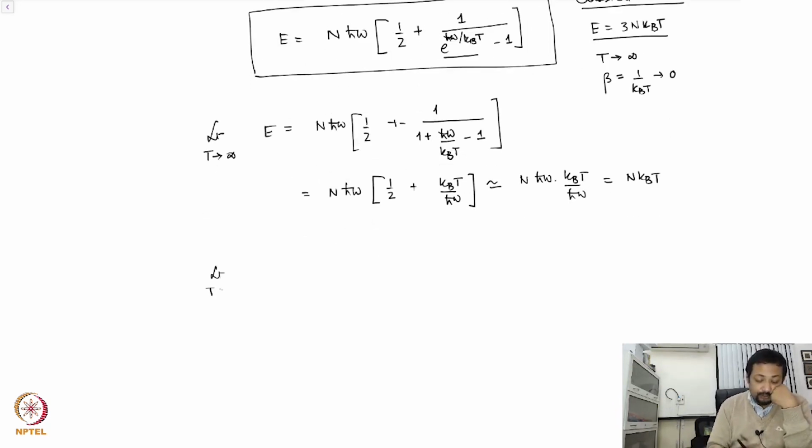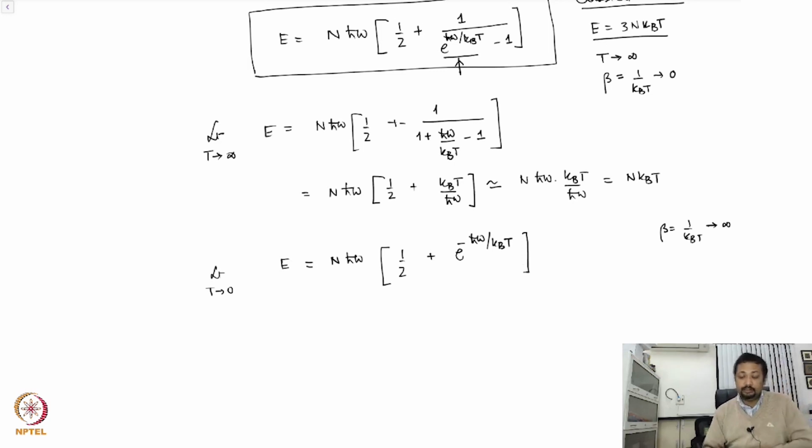Limit of T to 0 is when the exponential factor dominates, because beta, 1 over kBT, goes to infinity, and you have n h bar omega times half plus e to the power minus h bar omega over kBT.